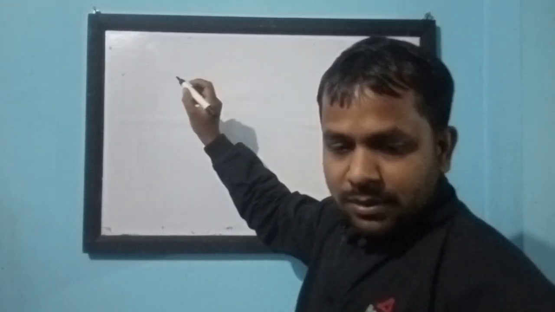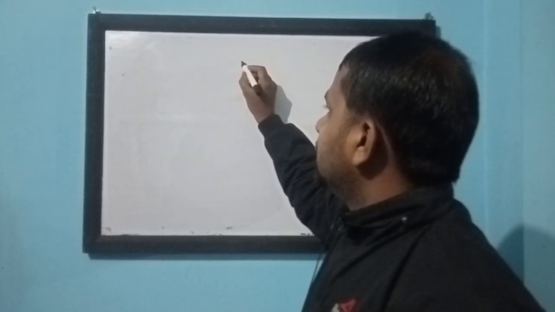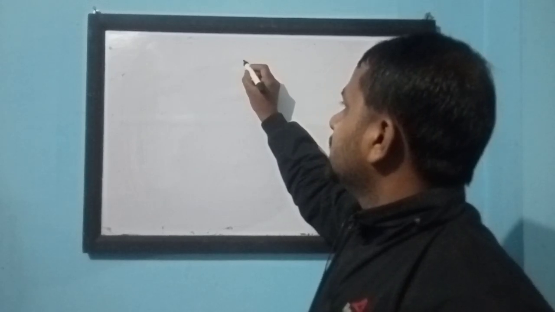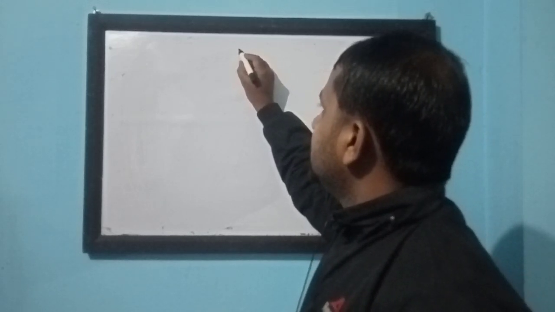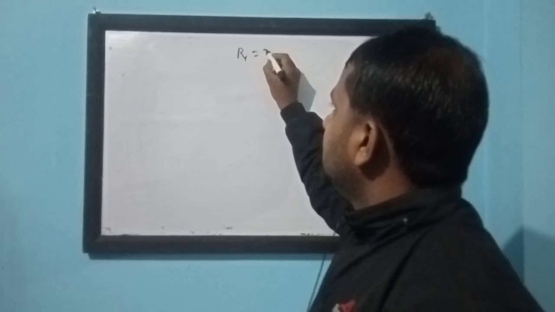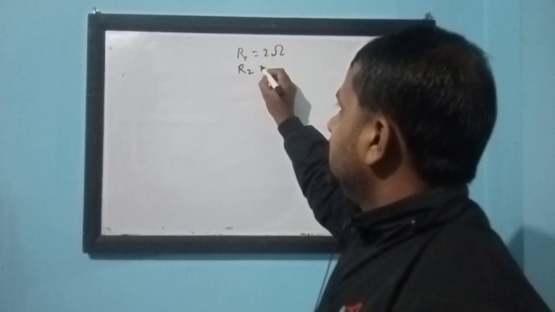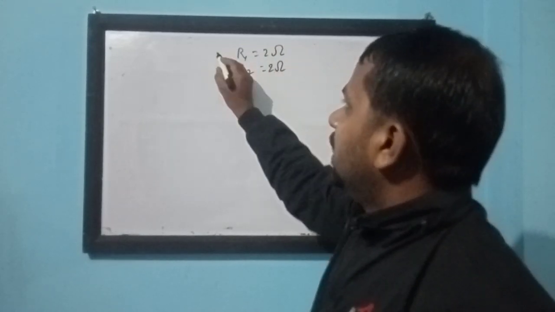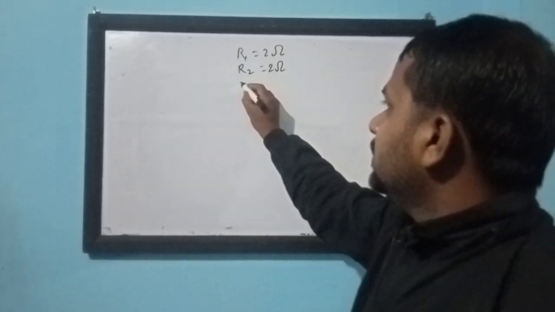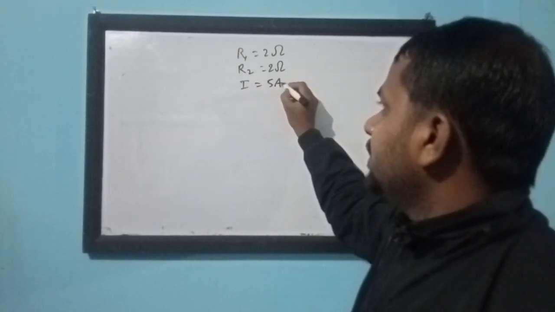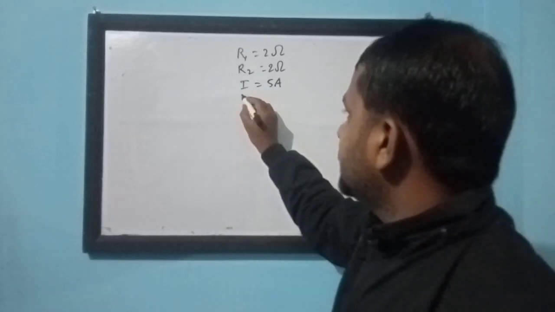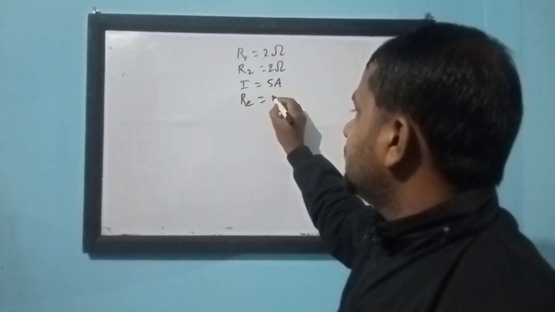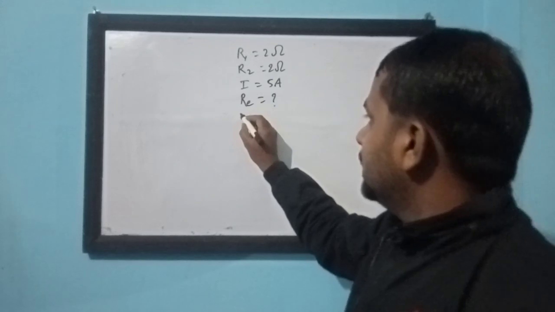There are different combinations in resistors. Suppose a question can be asked to us. Suppose two resistors of 2 ohm each: R1 value is 2 ohm, R2 value is 2 ohm. The current value is given, suppose 5 ampere, and we have to find the equivalent resistance and the V value.